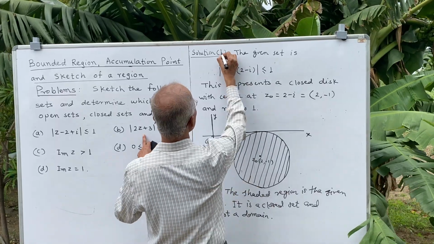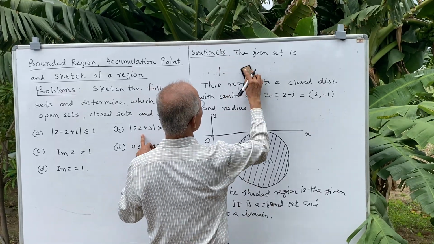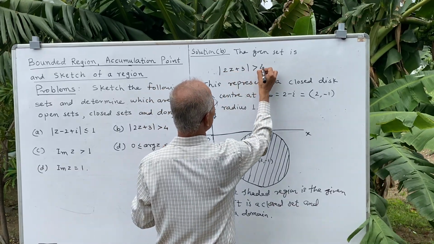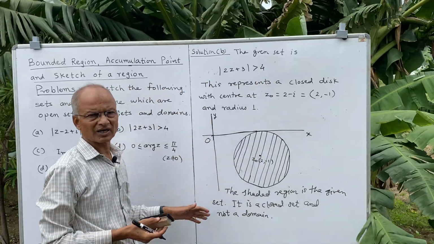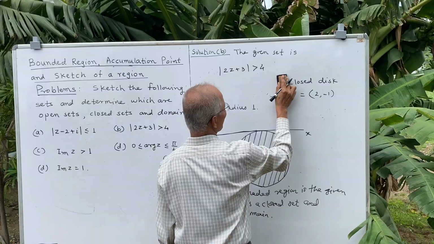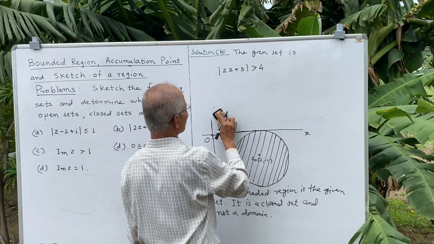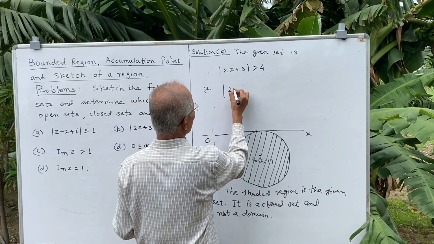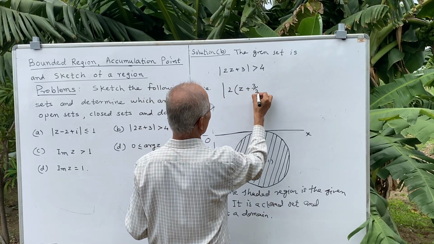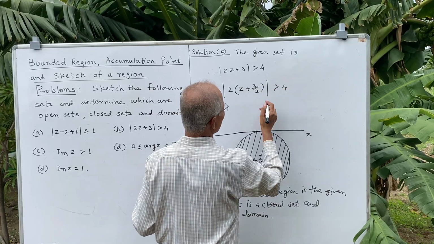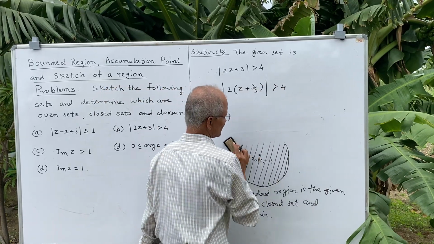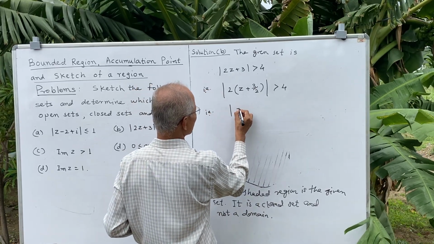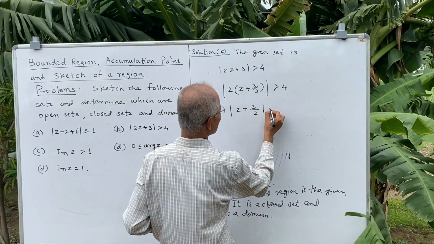and here the given set is |2z + 3| greater than 4. We will simplify and again express it in the form |z - z0|. We take 2 common, and in the bracket it will be |z + 3/2| greater than 4. Divide both sides by 2, and that is |z + 3/2| greater than 2.